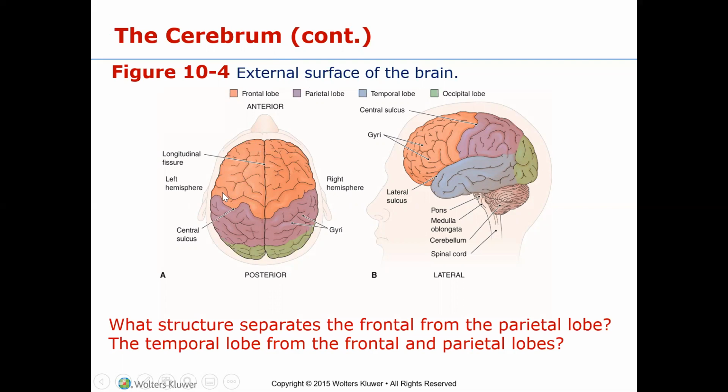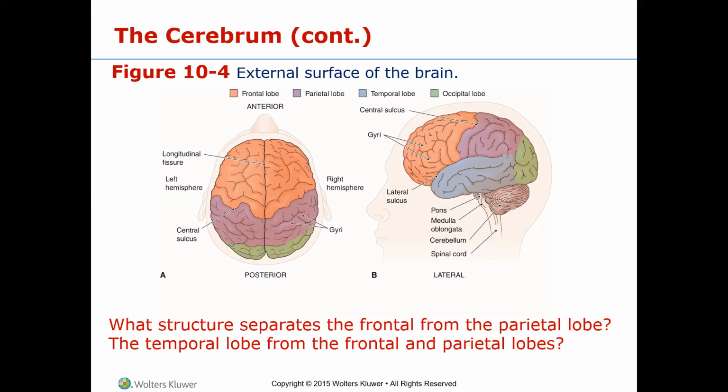Then we have some other fissures in the brain, and if we look at it from the side, we have this lateral sulcus, and then we also have that central sulcus, which runs along here, okay? And that divides us into a series of lobes in the brain.